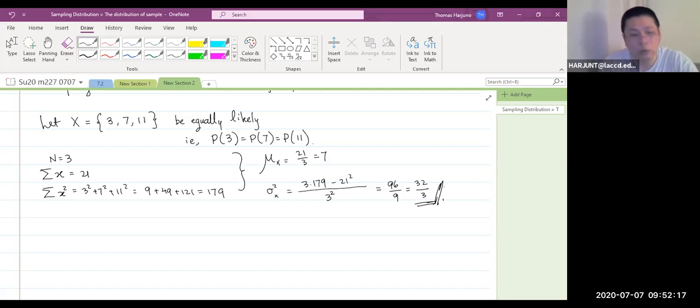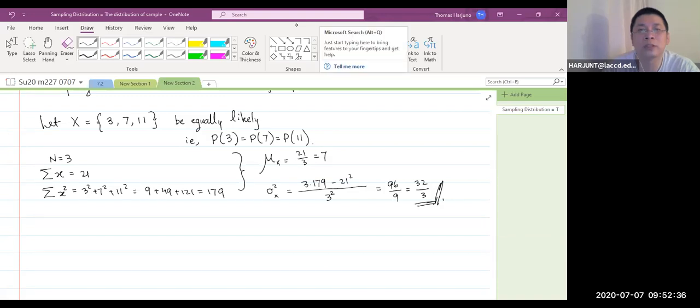Now, suppose I want to use calculator to compute the population mean and the population variance. So, let's see how to use our calculator to compute that. Give me a second.